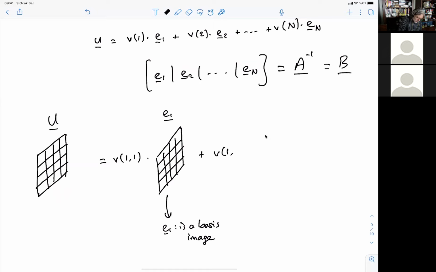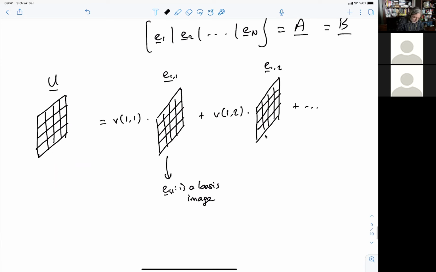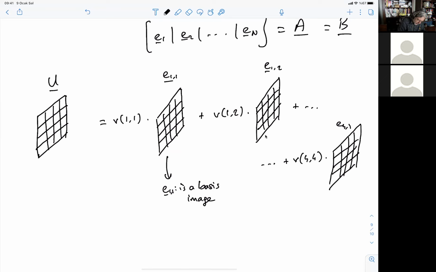And then plus V12 times E12, another basis image, plus etc. all the way up to V44 times the last basis image that we have, which is, sorry, it's not V, it's actually the E44 basis image.